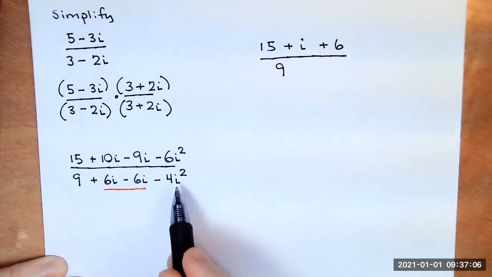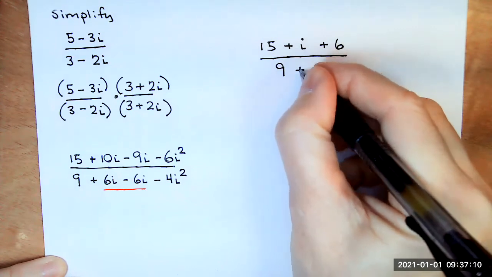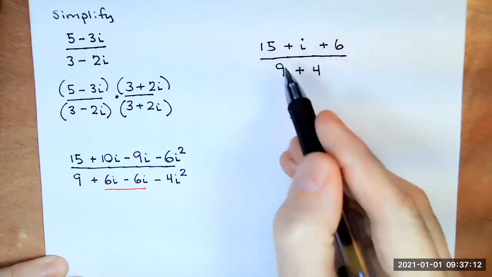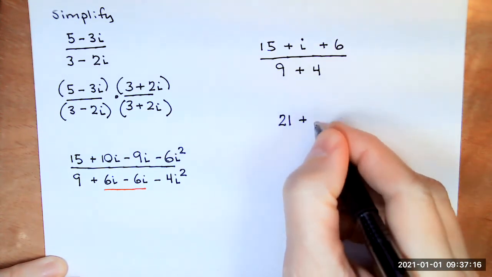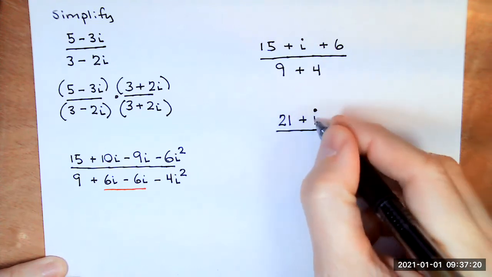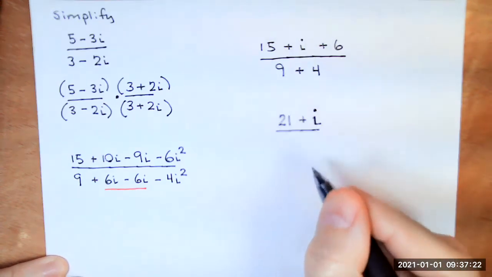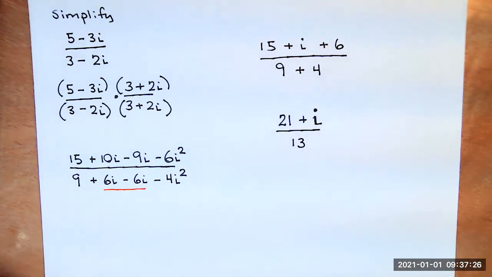These add up to 0. -4 times i squared makes plus 4. 15 and 6 make 21. 9 and 4 make 13.